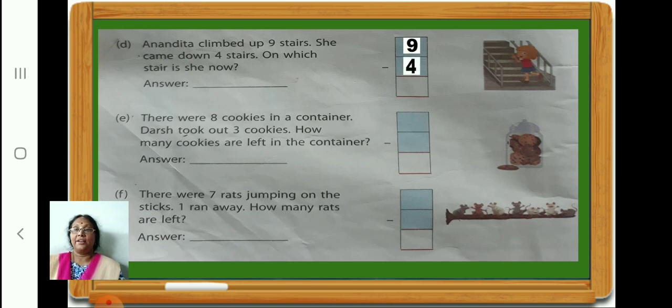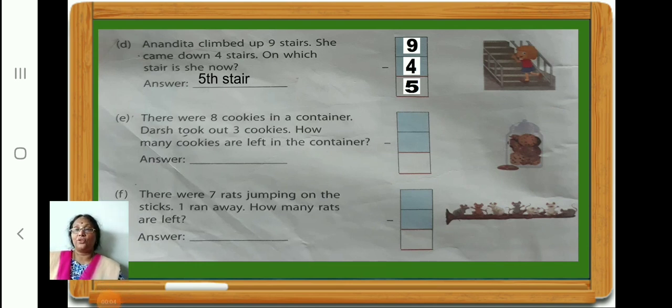Therefore, children, by using your fingers, you can do the subtraction. Okay. 9 minus 4 is 5. Therefore, Anandita is on the 5th stair. Write 5th stair now. Finish writing, children?